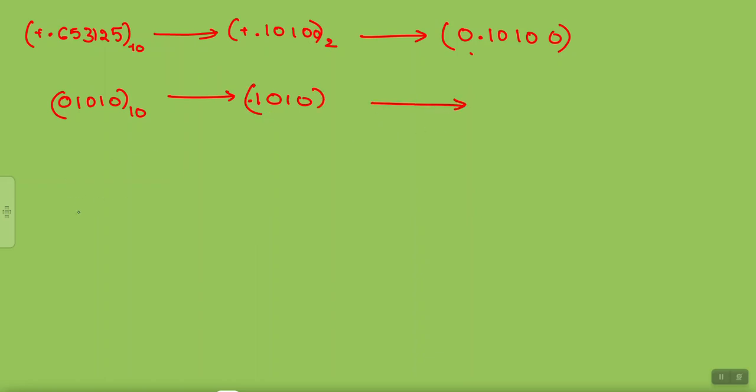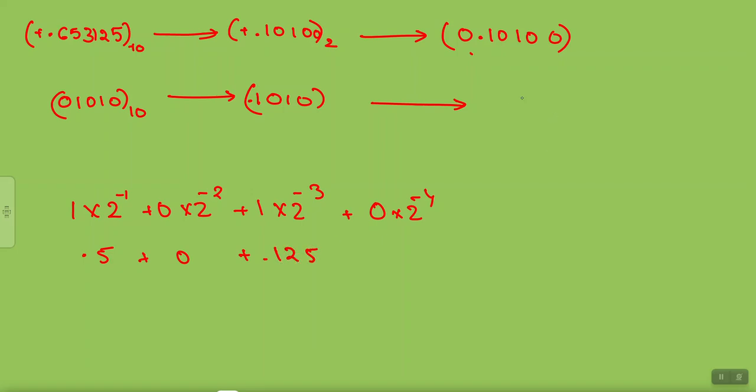It is 1 into 2 power minus 1 plus 0 into 2 power minus 2 plus 1 into 2 power minus 3 plus 0 into 2 power minus 4, that's equal to 0.5 plus 0 plus 0.125, that is equal to 0.625 to the base 10. This is now my y of 2.